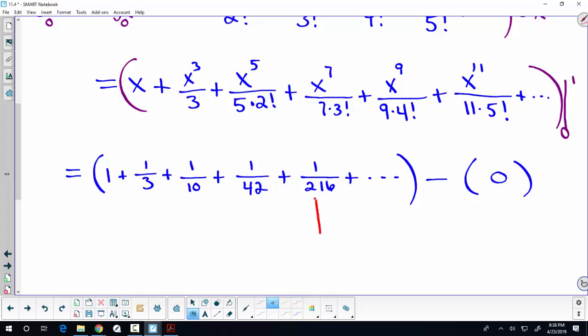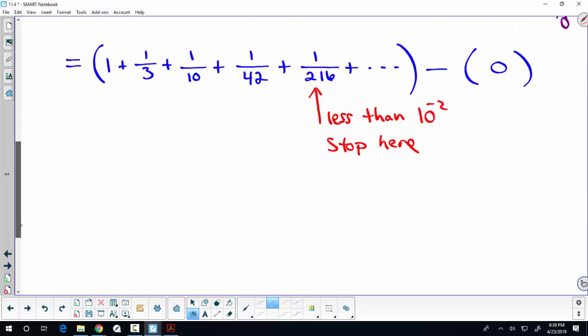This term is less than 10 to the negative 2. That's the first term that's less than our error, right? So we're going to stop there. Adding 1 over 216 to all of this other stuff isn't going to affect the second decimal place because it's less than 10 to the negative 2. So we're stopping here.